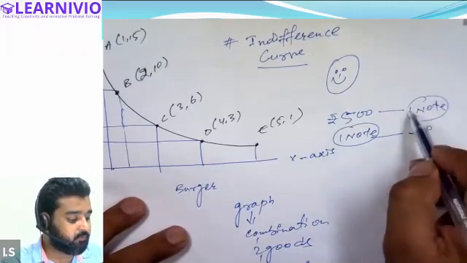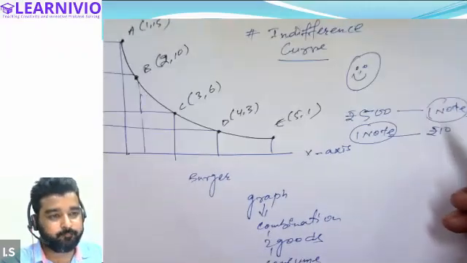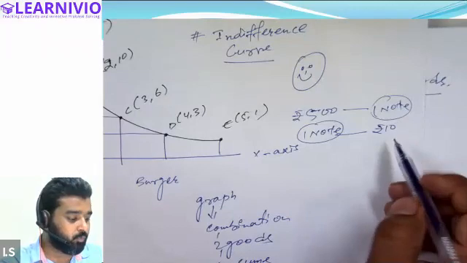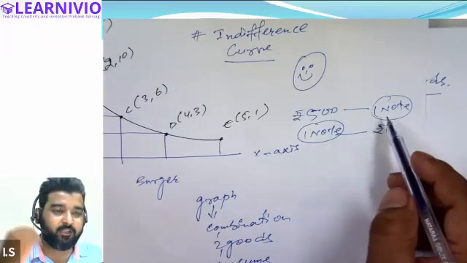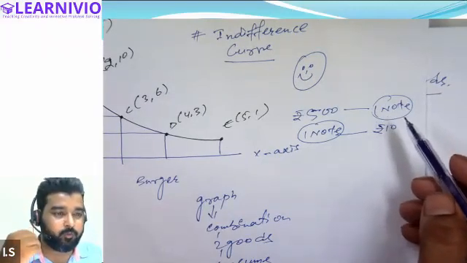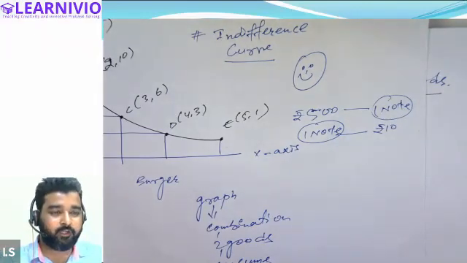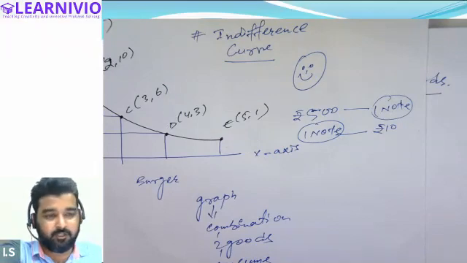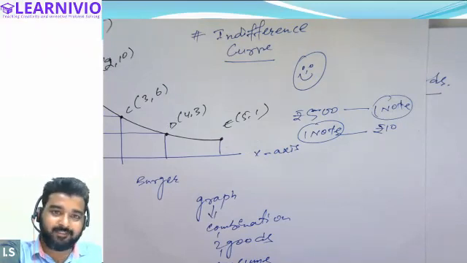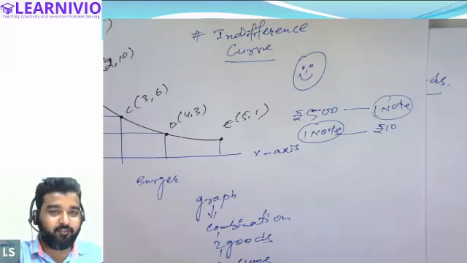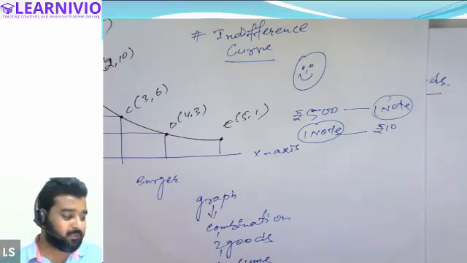Tell me whether Mazen will accept this, yes or no. Will you accept this if I take one 500 rupee note from you, and in return I give you one note of 10 rupees? Yes. You will accept this. Why will you accept this?